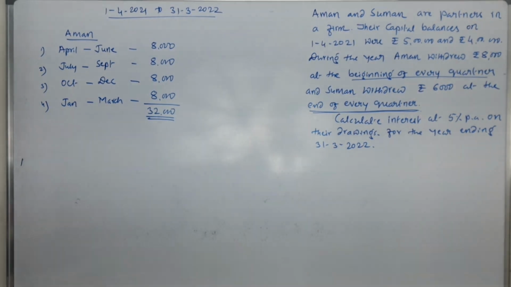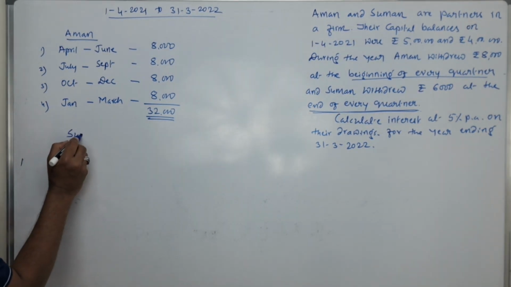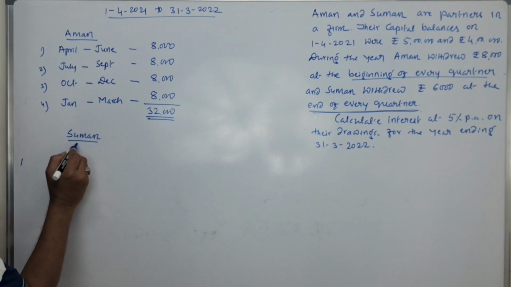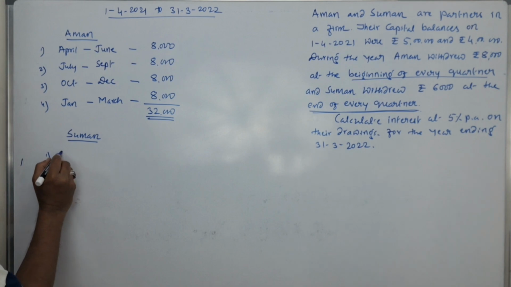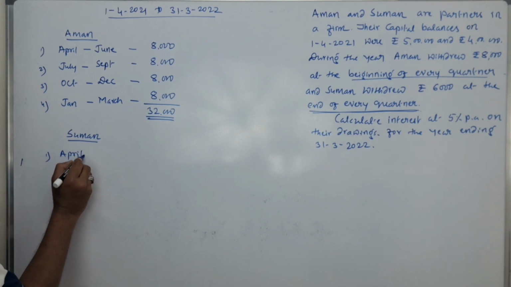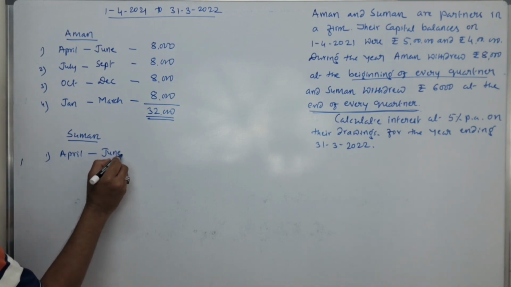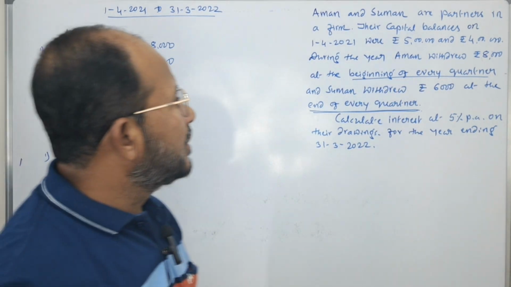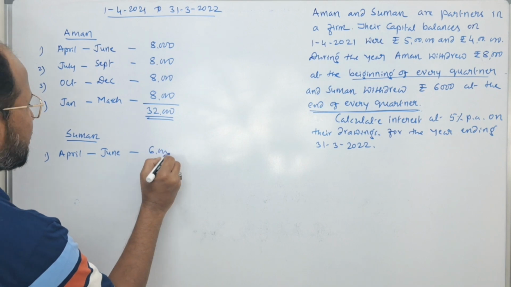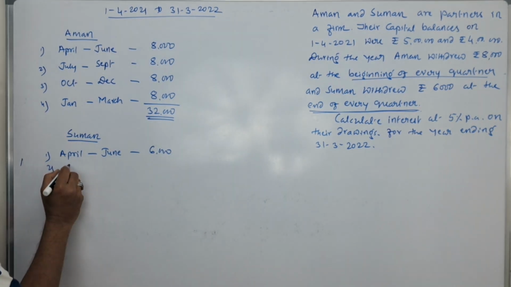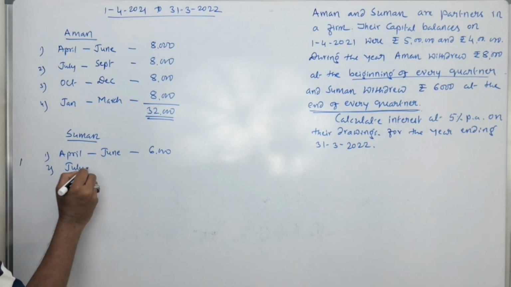Okay, next one is you take Mr. Suman. Here also I write the same. April to June, how much amount has he withdrawn? Rupees 6,000. Next one is July to September.